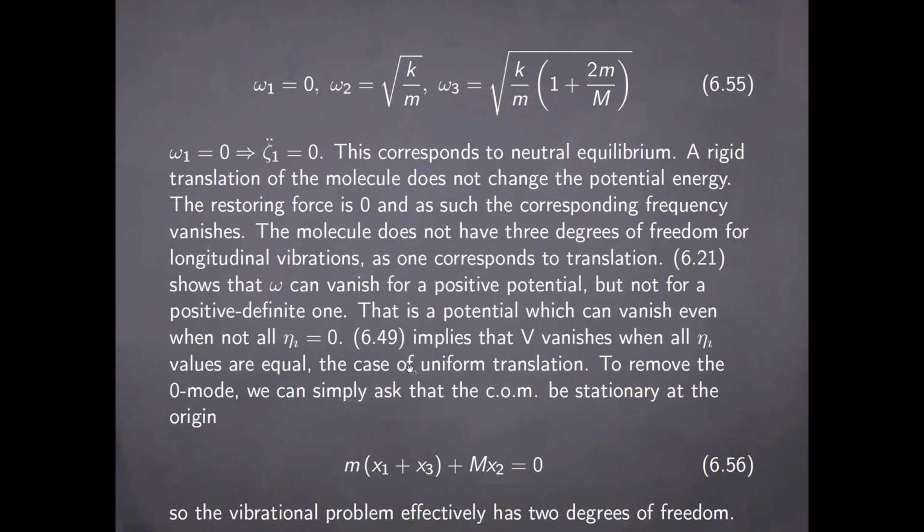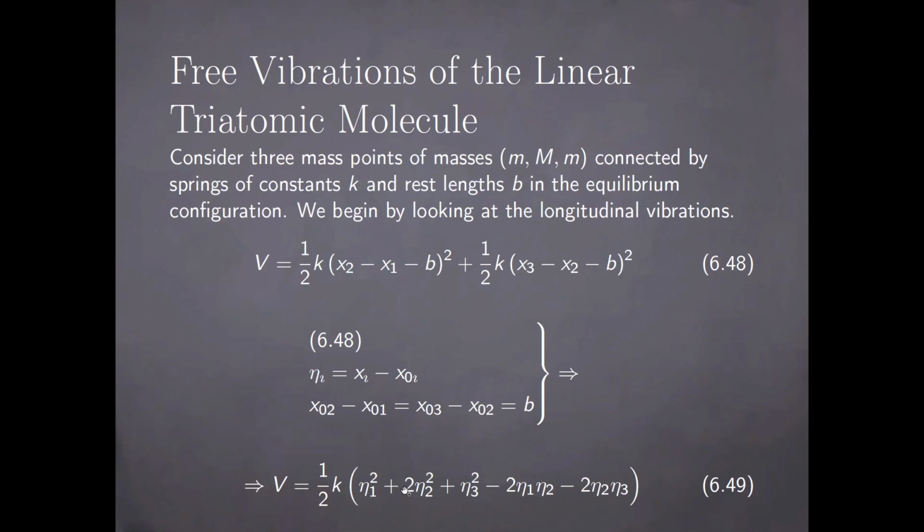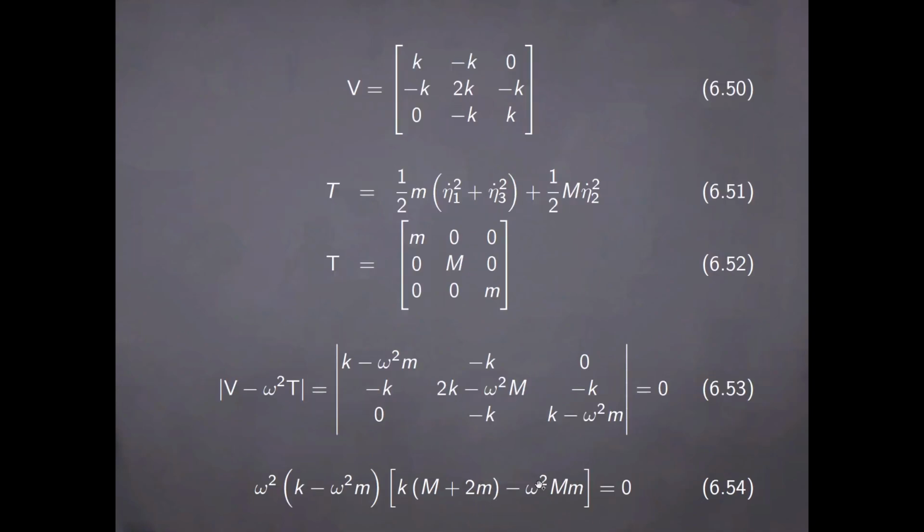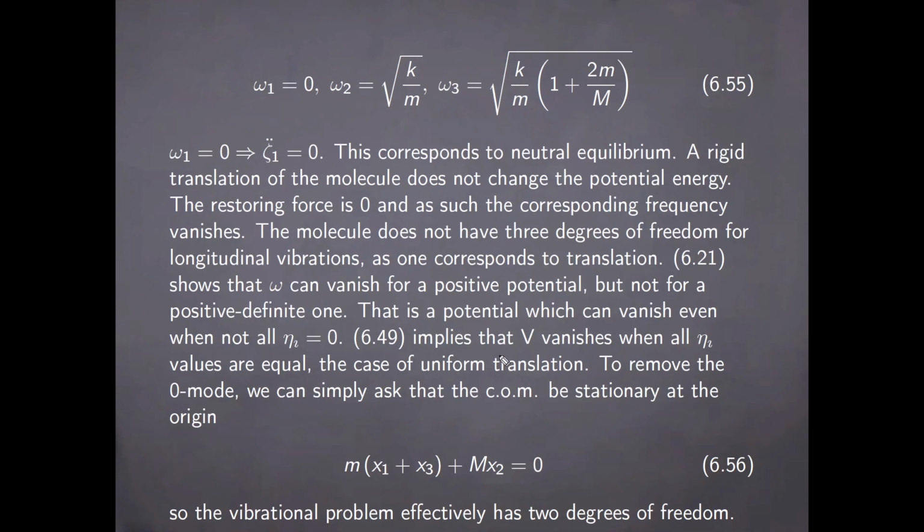Now our expression 649, which is the one here, implies that the potential can vanish when all of the eta values are equal. So this is the case of uniform translation. Now to remove the 0 mode from the discussion, we can simply ask that the center of mass be stationary at the origin.